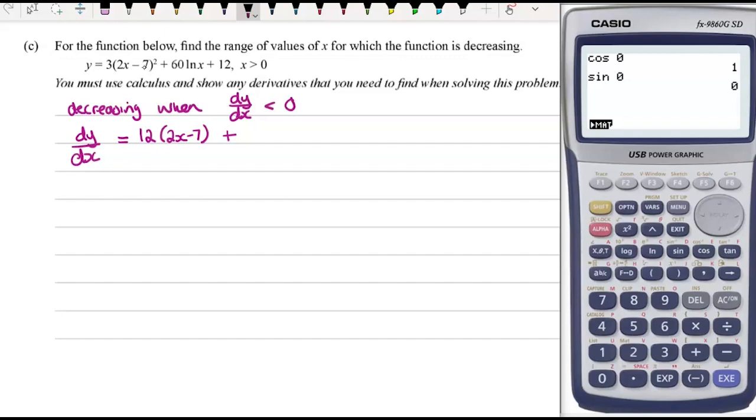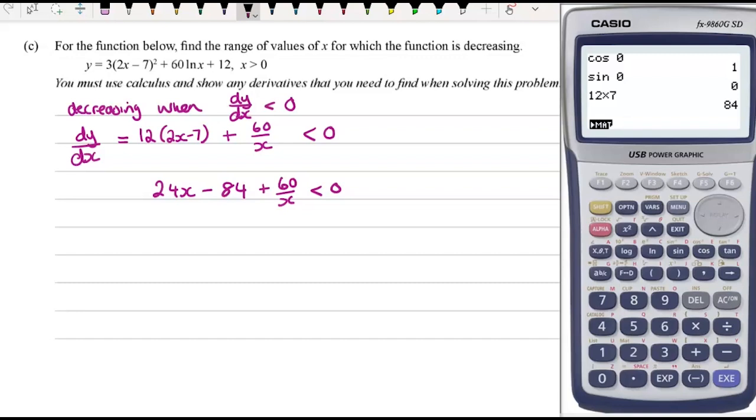And then the derivative of log x is 1 over x, so this will be 60 over x, and then if you differentiate 12, you get 0. Now we want to know, when is that less than 0? So multiplying that bracket through, we've got 24x minus 12 times 7 is 84, plus 60 over x has got to be less than 0.